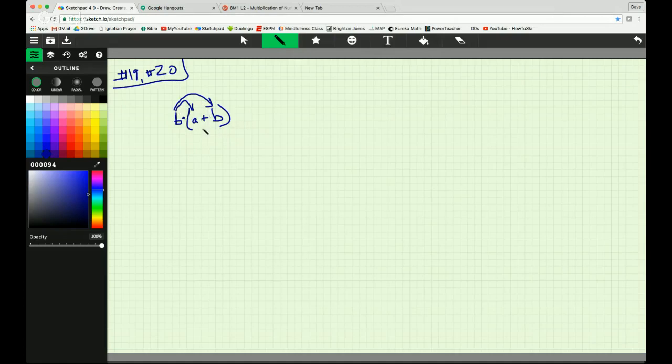So I always like to draw the arrows, and so we have to multiply b times a, and so we get a times b, ab, and we move our plus sign here, plus b times b. And what's b times b? Well, b times b is b squared. So we get ab plus b squared. And I think that's number 19.